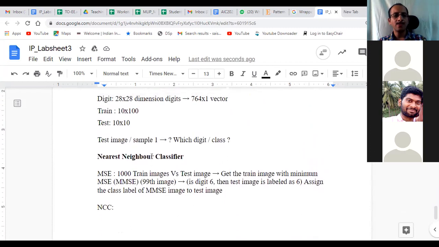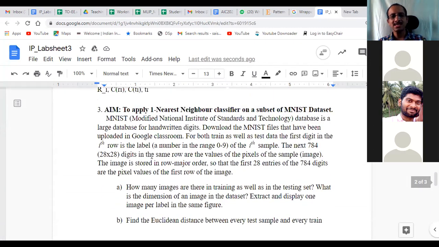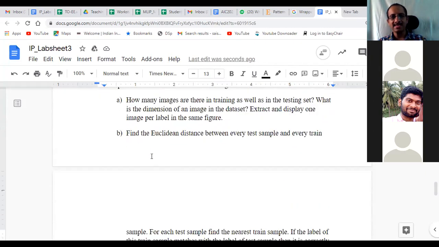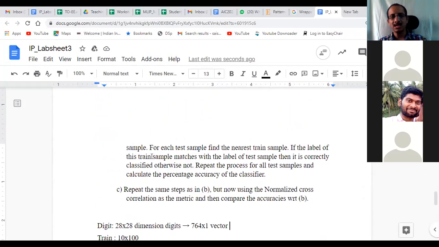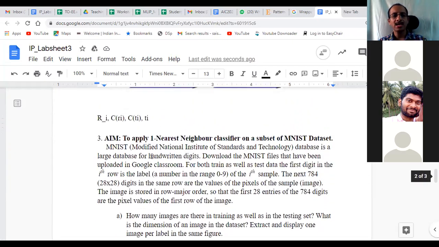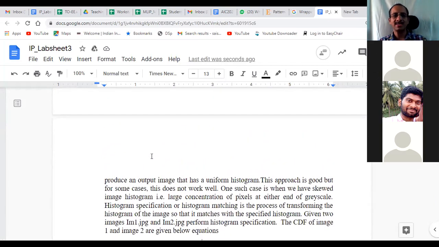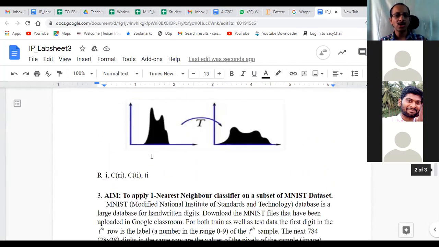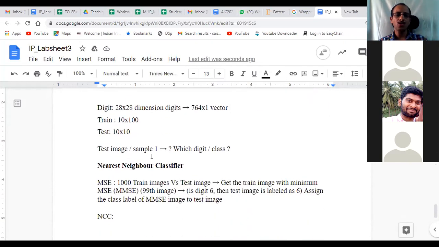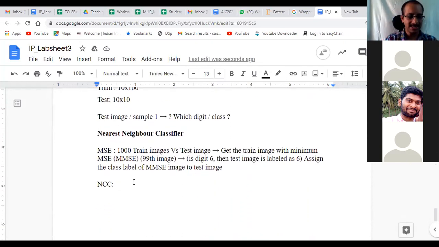So fine. If you have any questions in this, you can ask. Otherwise, I will stop my discussion here. I request TAs to discuss a little more on the programming aspects. You can also discuss with TAs on the programming aspects, and then you can carry out the lab sheet.